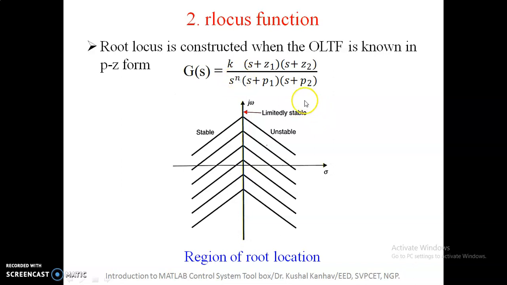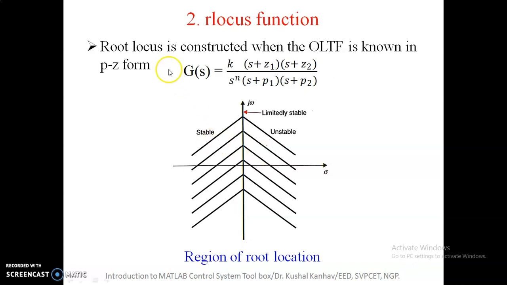Now depending on the location of the poles in the s plane, you are finding here sigma on the x axis and j omega on the y axis. So j omega is the imaginary axis, sigma is the real axis. Depending on the location of the poles, we can define the stability of the system. So root locus can be used to define the stable region of the system, at what values of gain k the system is stable and when it becomes unstable.